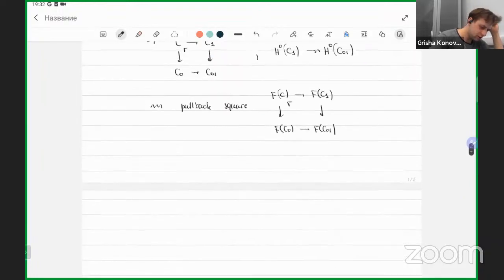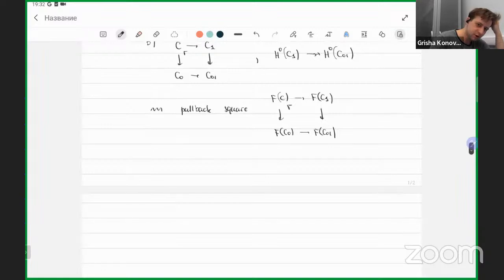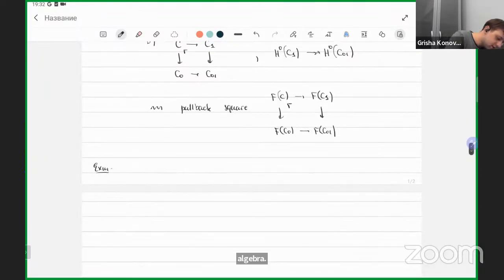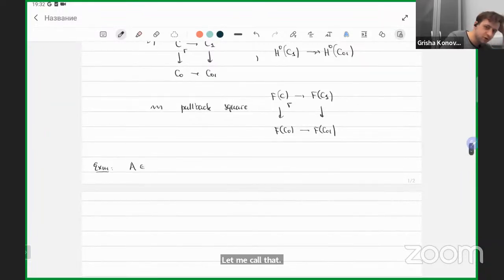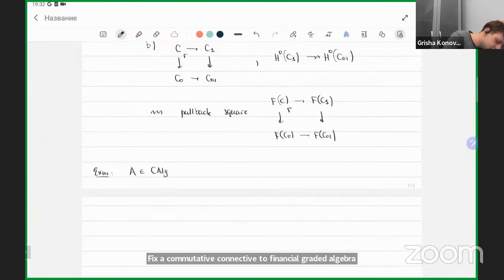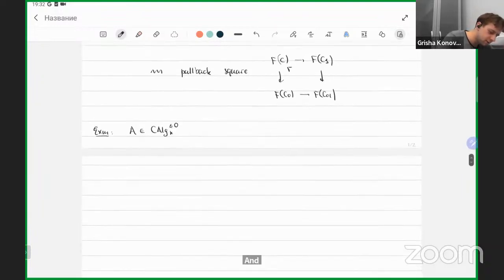Okay, so an example of a deformation problem, one of the examples we've seen a week ago, was deformations of an algebra. Let me recall that. Fix a commutative connective differential graded algebra A and define a functor of its deformations.